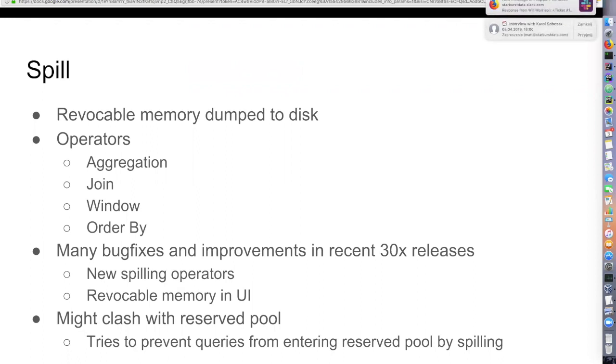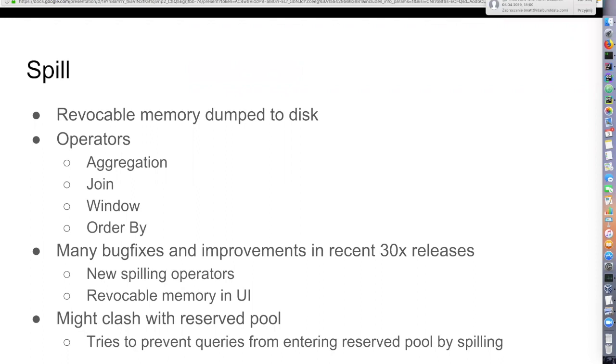When the general pool is small and begins filling to the limit, spill will trigger, and instead of the query going to the reserve pool, it will constantly spill. We have observed this, and some clients have noticed that queries progress very slowly.